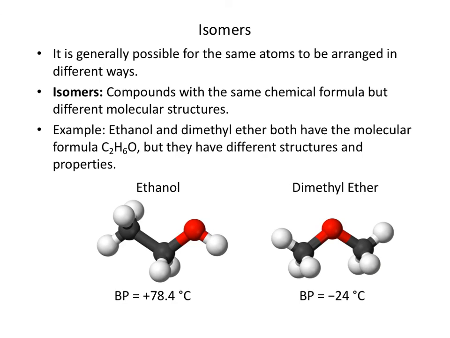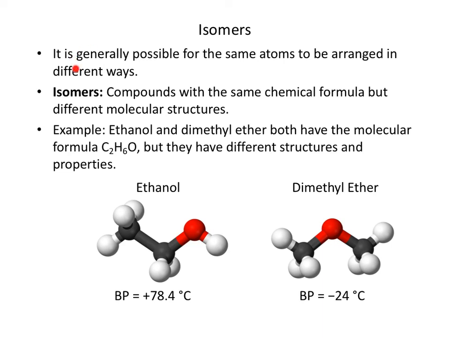All right, and the final thing I wanted to mention was isomers. So we've used ethanol as an example before in this video. Ethanol has the molecular formula C2H6O. And this is a ball and stick figure of ethanol, but this is not the only way to connect 2 carbons, 6 hydrogens, and an oxygen.